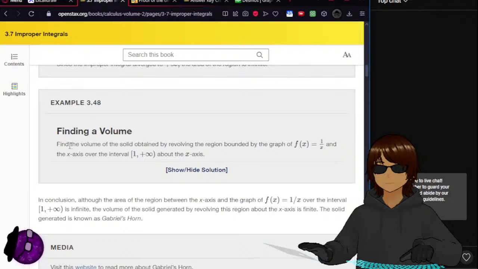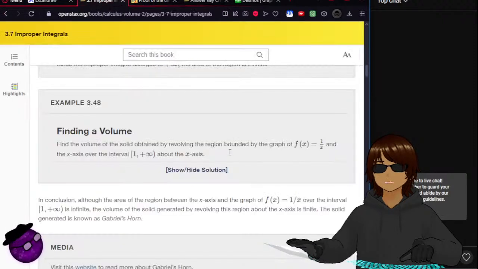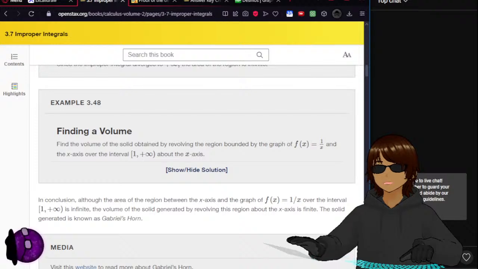Find the volume of the solid obtained by revolving the region bounded by the graph. I keep forgetting this. For the volume, we do pi f of x squared, right? Yeah.